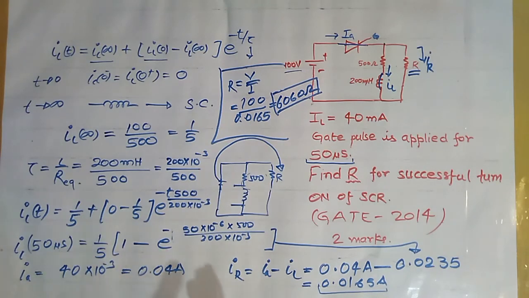Actually, they are testing your two skills. One is power electronic skill and another is the network theory skill. So in one question they are merging the two different subjects. So you must have some knowledge of network theory also to solve these problems.